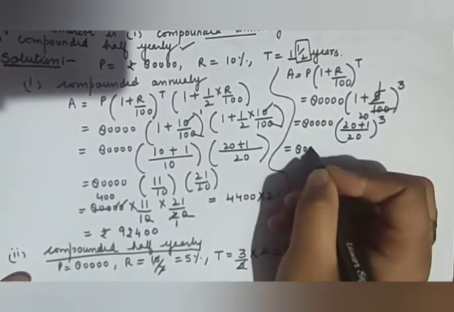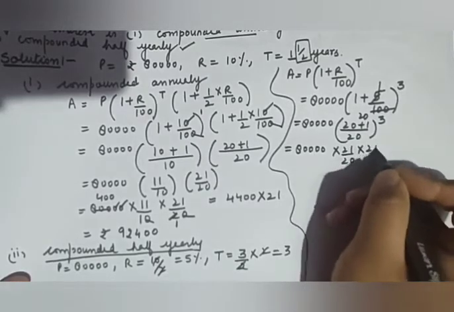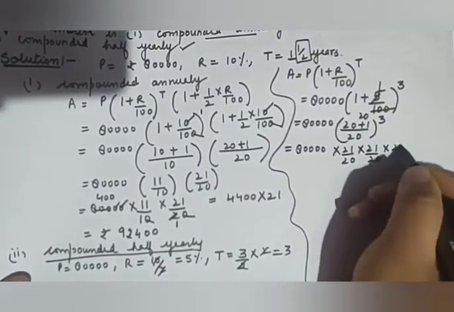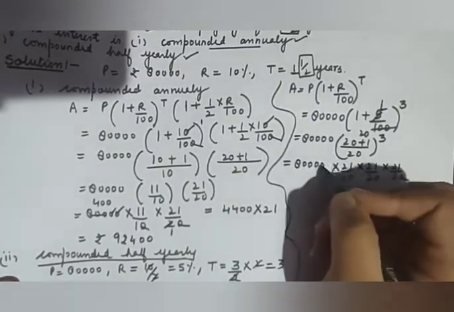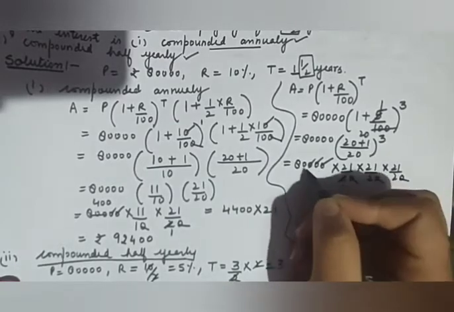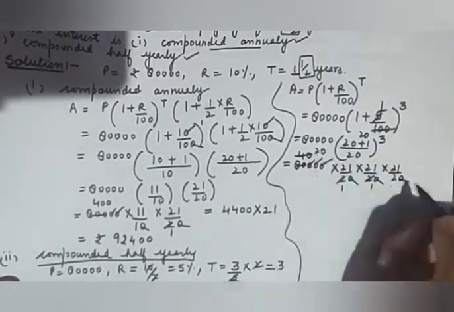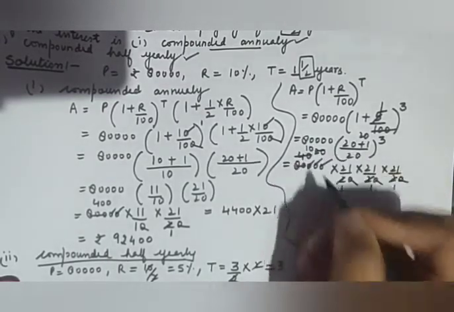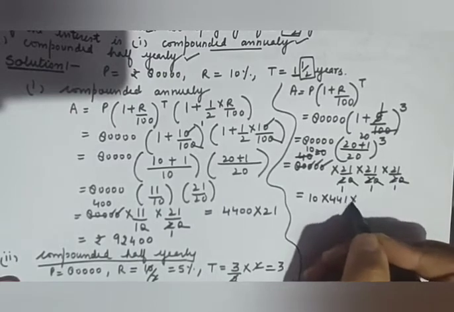So 80,000 into 21/20 into 21/20 into 21/20 here. Right, students? So you know that this 0 and this 0 cancelled, 0, 0 cancelled, 0, 0 cancelled. So 2 ones 2, 240 here, 2 ones 2, 220 here, 2 ones 2, and 10 here. So 10 into 441 into 21.